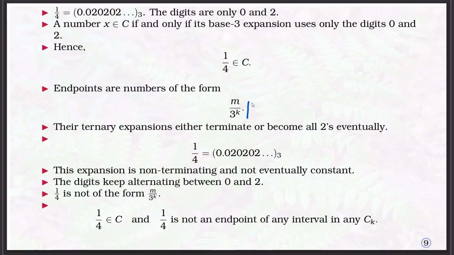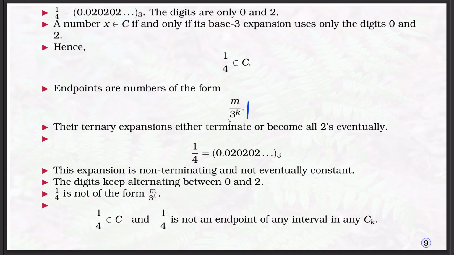Because we are dividing each interval into 3 equal parts, so the interval lengths are 1/3, 1/3^2, 1/3^3 and so on. Therefore, their ternary expansion either terminates or becomes all 2's eventually.